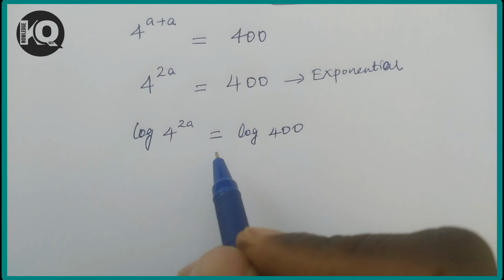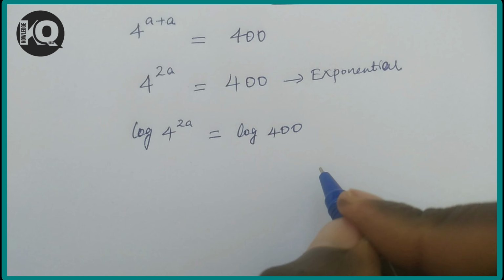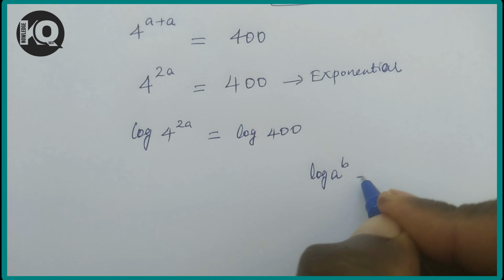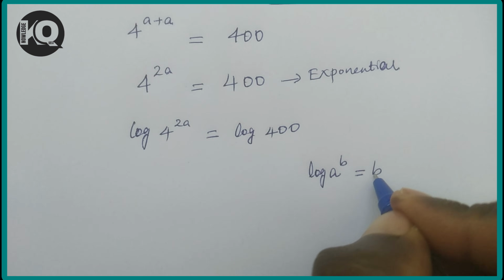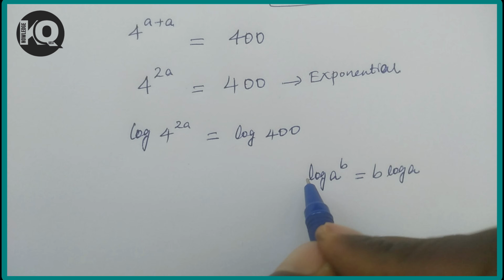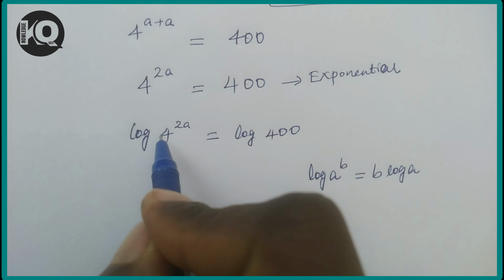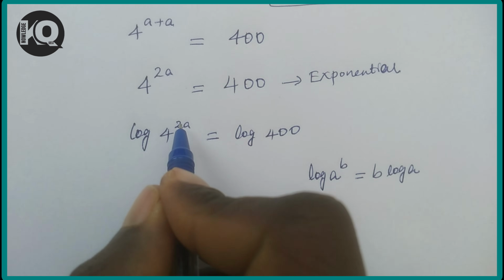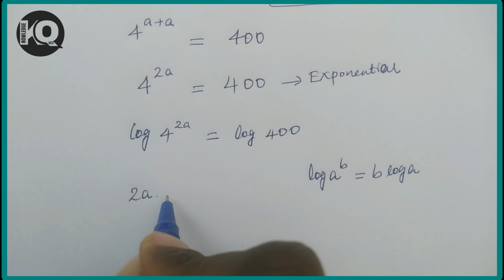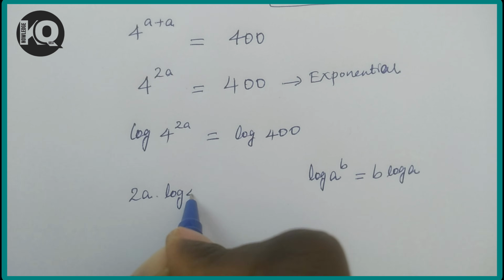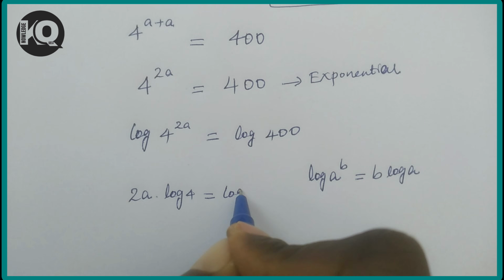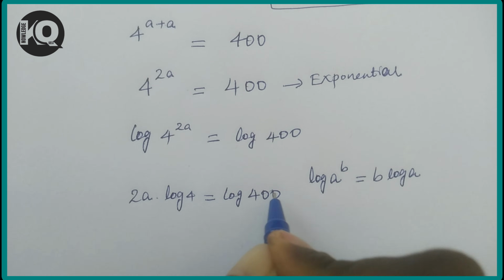Now, from the rule of logarithm, log a power of b is always equal to b times log of a. So applying this rule to this part, this 2a will come to the front, so 2a times log of 4 is equal to log of 400.